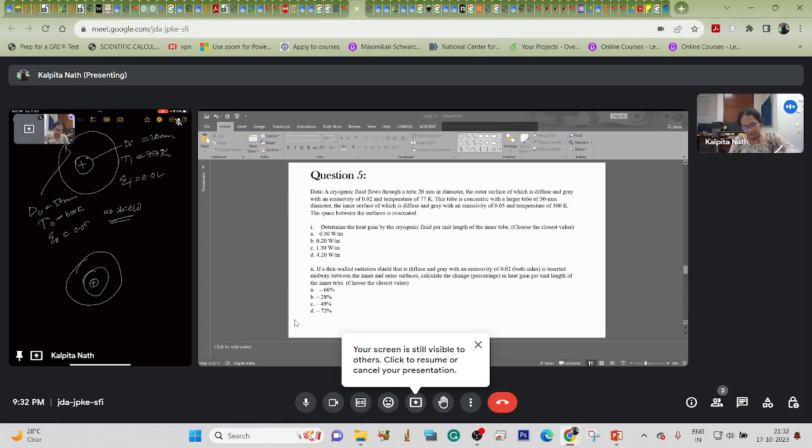For the second part, there is a shield in between. The shield diameter is 35 mm and epsilon is 0.02.